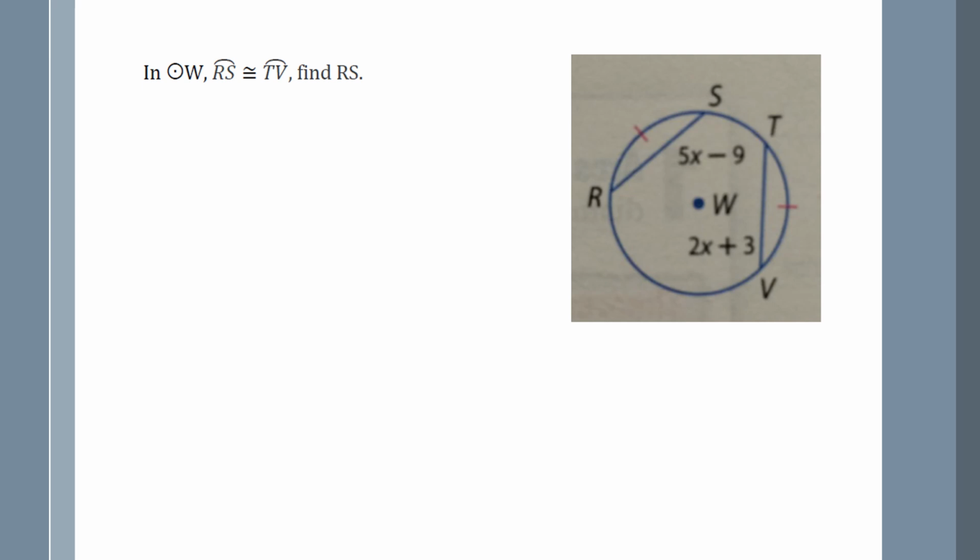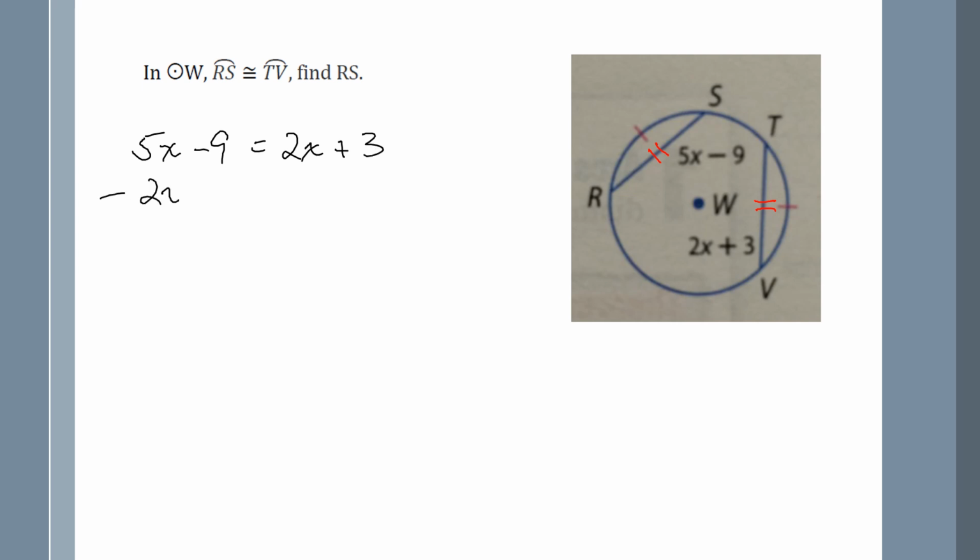Okay, in circle W, arc RS is congruent to arc TV. Find the measure of RS. Again, since the two arcs are congruent, these two segments are then congruent. So that means our equation would be 5x minus 9 equals 2x plus 3.